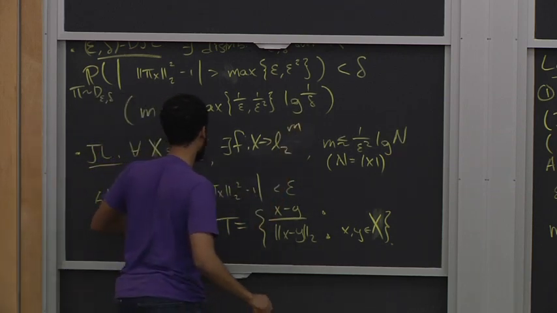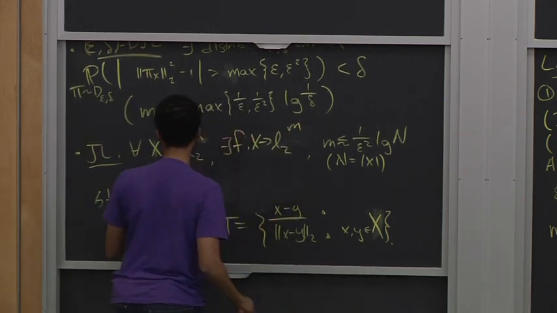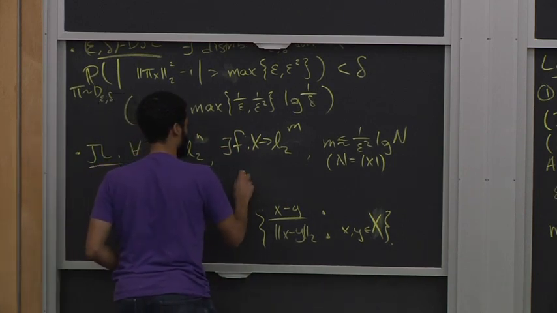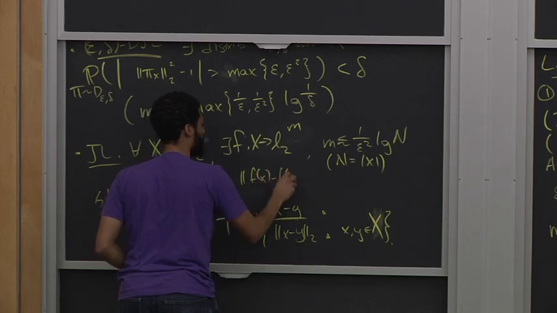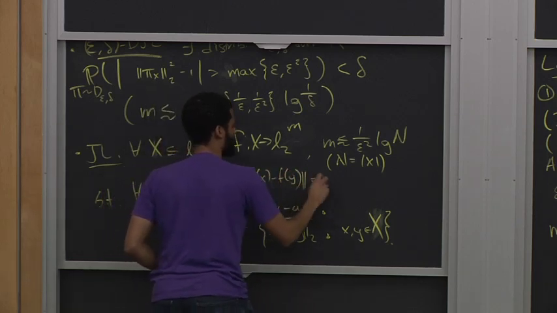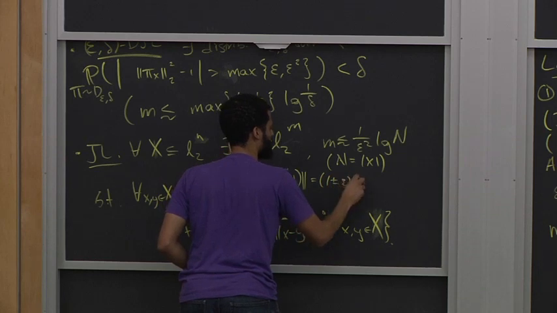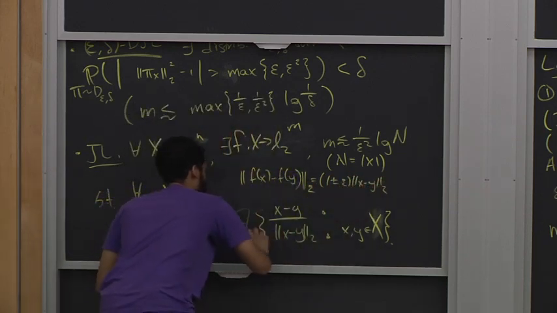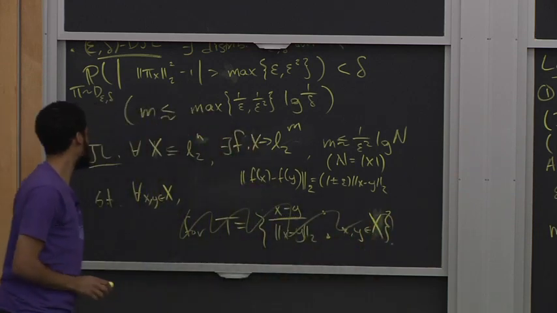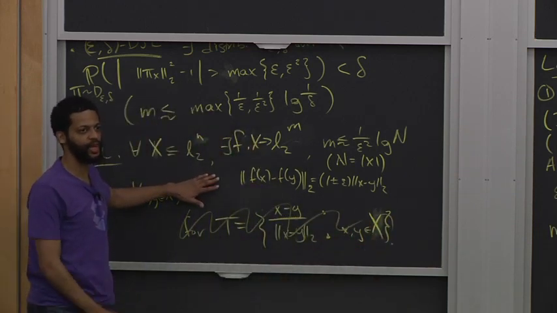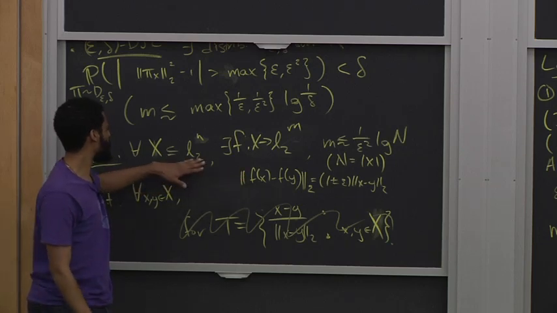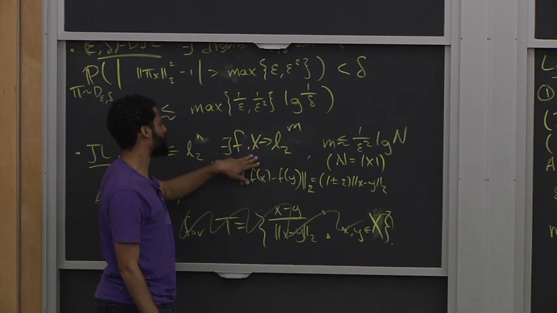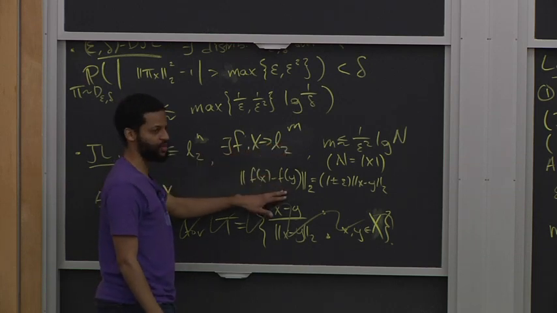And let me say that for all x and y, if you look at f of x minus f of y, this is equal to 1 plus or minus epsilon times x minus y. Okay, so the original statement of JL in their paper looked like this. For all subsets of L2, there's a function which maps that subset into m-dimensional space that preserves distances.